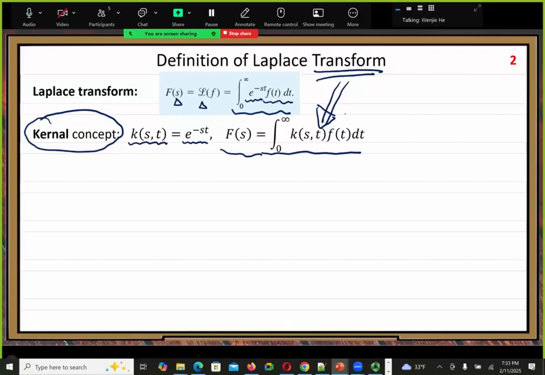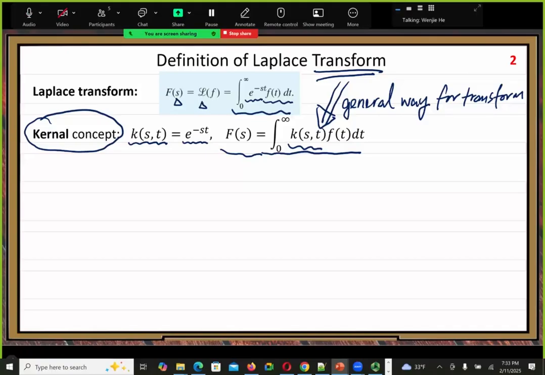You can treat this as the general way to define a transform. When you take a different kernel, you get a different transform. In this way you can define a large number of transforms.